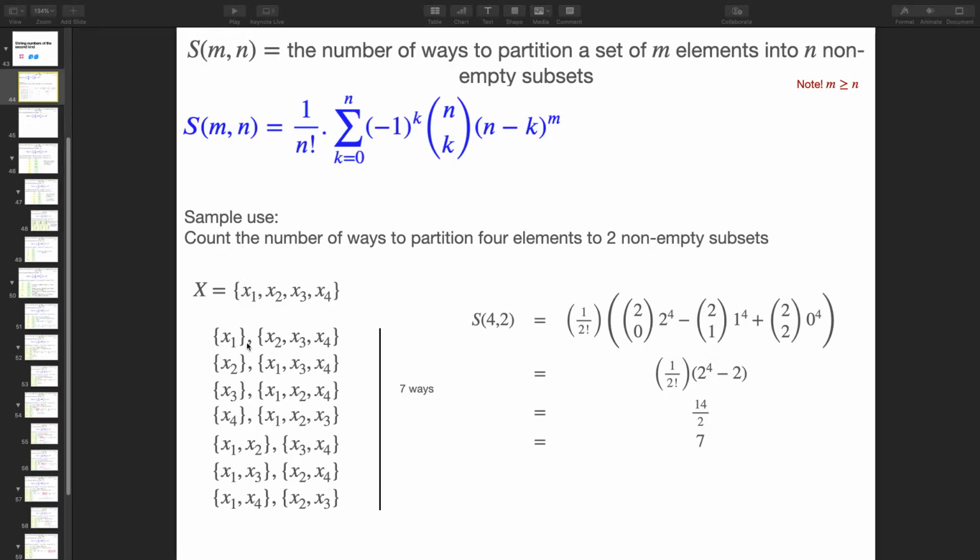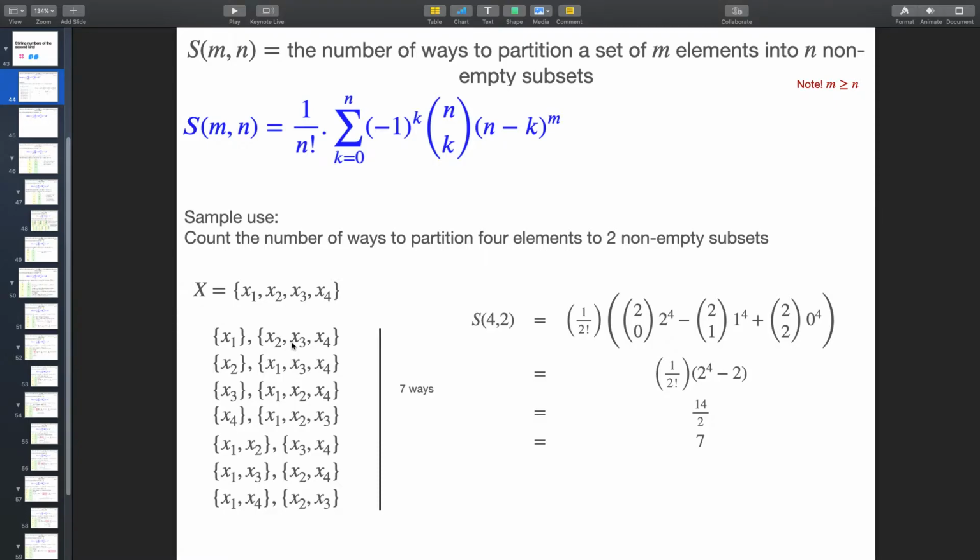So, ibig sabihin, pareho lang yan sa nagkabaliktad. So, nauna yung x2, x3, x4 bago yung x1. Pareho lang yan sa nauna yung x1 bago yung x2, x3, x4, right? Kasi yung nagma-matter lang sa atin ay yung partitioning and not the order.